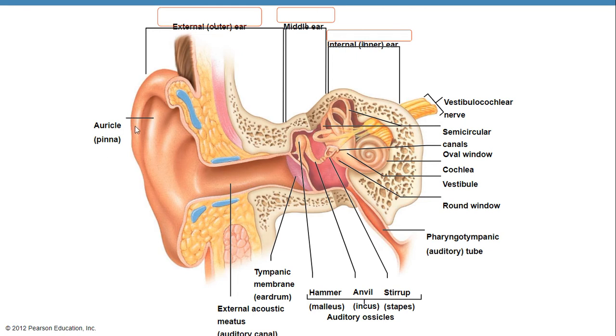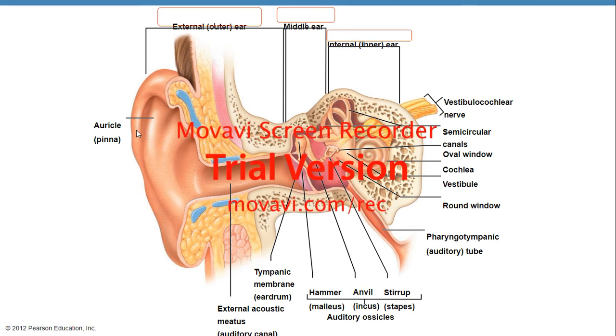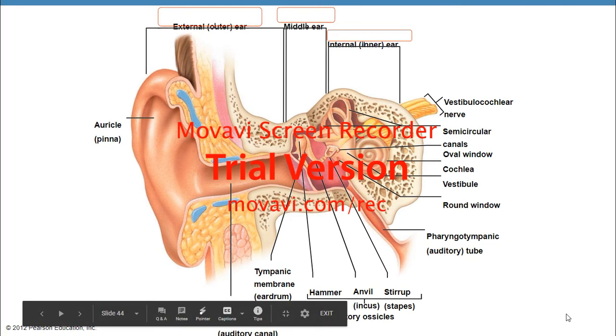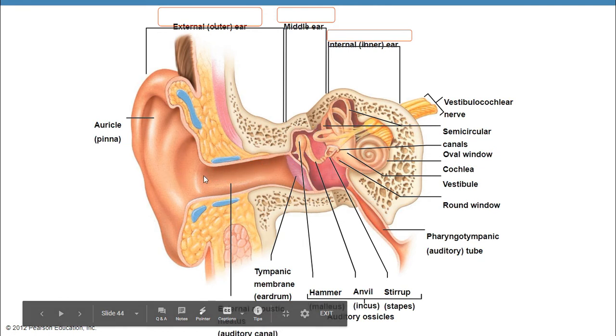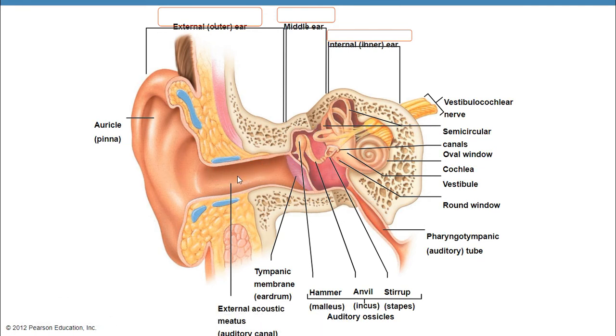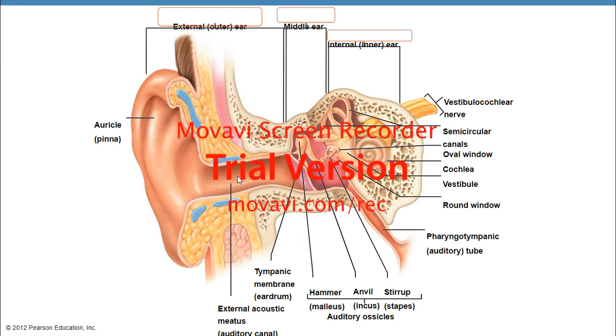You have the auricle, which is made out of elastic cartilage. The auricle is going to channel the sound to the external acoustic meatus, and the external acoustic meatus is going to transmit the sound waves from the auricle to the tympanic membrane.